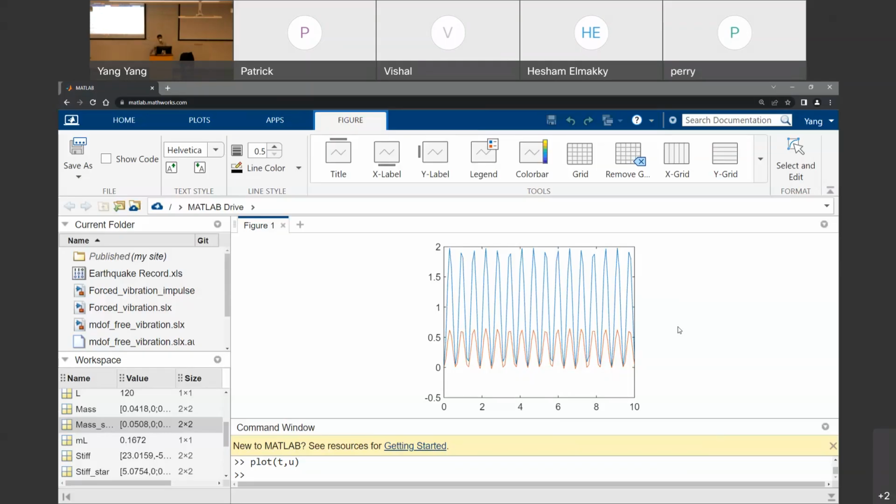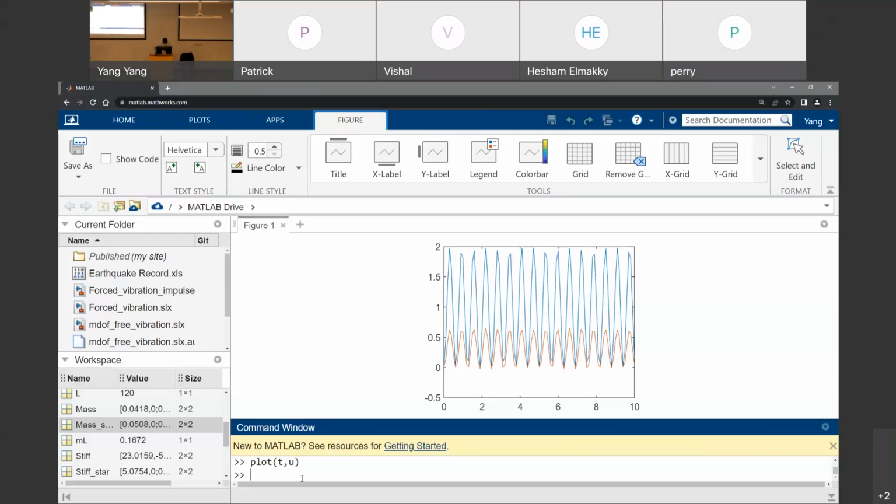So structural analysis: given the cantilever beam, if you have a force at the free end, what is the deflection at the free end? It is P L squared over 3 times EI. We compare that. Let's see what we have here.